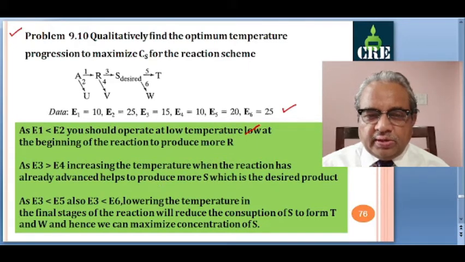So lowering the temperature is helping the formation of R, but increasing temperature is favoring the formation of S, and S is the desired product. So once a considerable amount of R is formed at low temperature, we will increase the temperature so that more S is produced, which is the desired product.